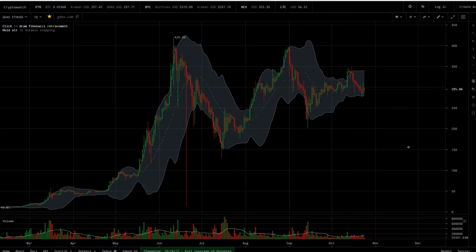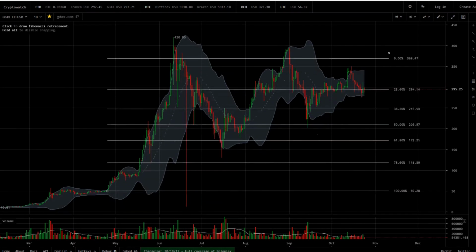But what's really great about Fibonacci sets is that they're fractal. What do I mean by that? I mean that they apply on all time scales, but what's important to note is that their relevance in the overall market picture varies depending on how zoomed in you are in the graph. Like I said before, the macro takes precedence over the micro.